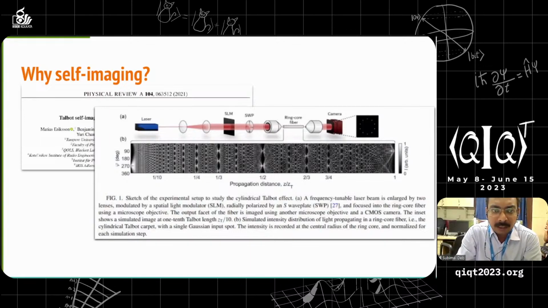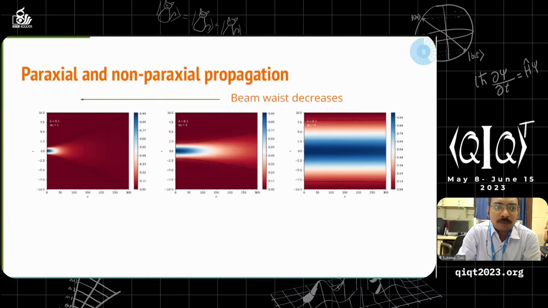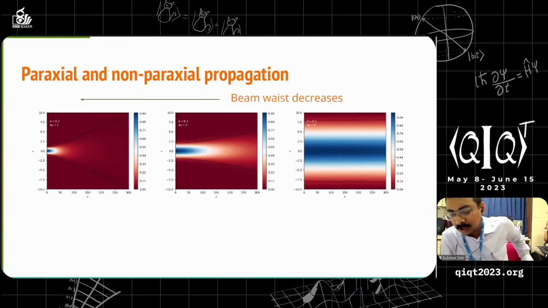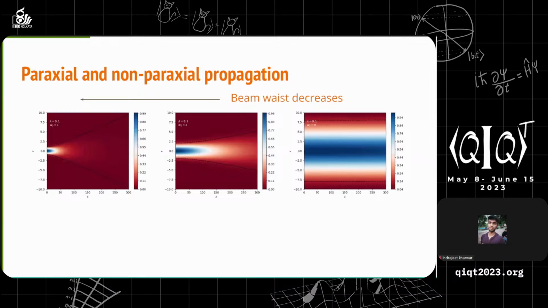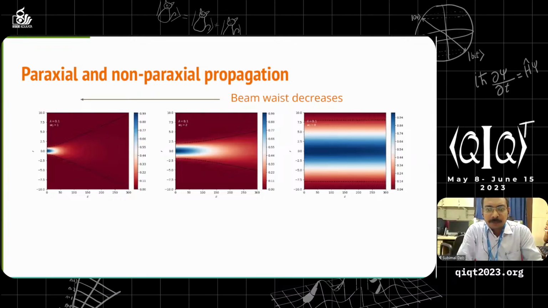So with the context in place, we move on to take a look at another important concept over here, which is quite well known to a lot of our participants. That is the concept of paraxial and non-paraxial propagation. So when you have a Gaussian beam and you let it propagate in free space, technically, it should diverge.